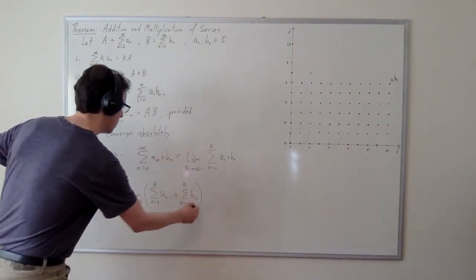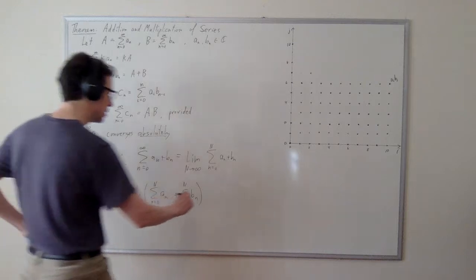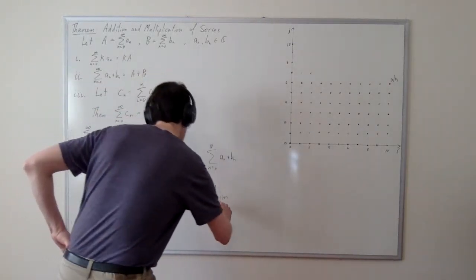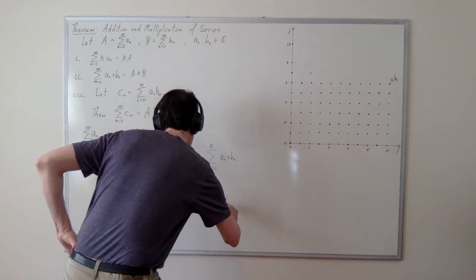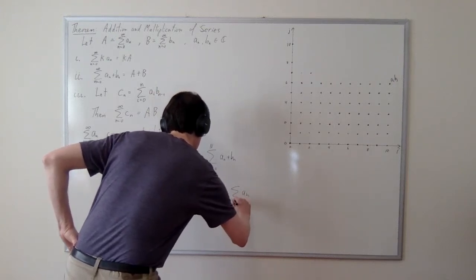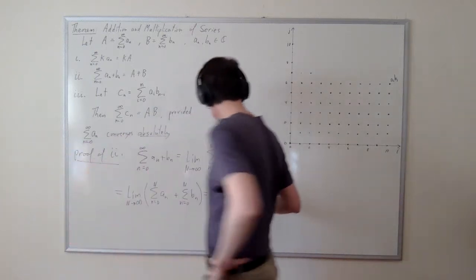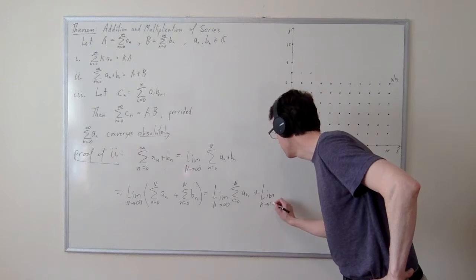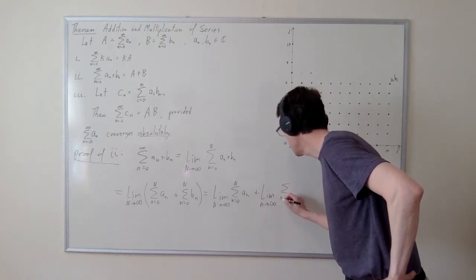So that's the limit there of a sum. And now we have a limit of a sum, so the limit passes across the sum because the summation operation is continuous. And so we get the limit as n approaches infinity of the finite summation an plus the limit as n approaches infinity of the finite summation bn.